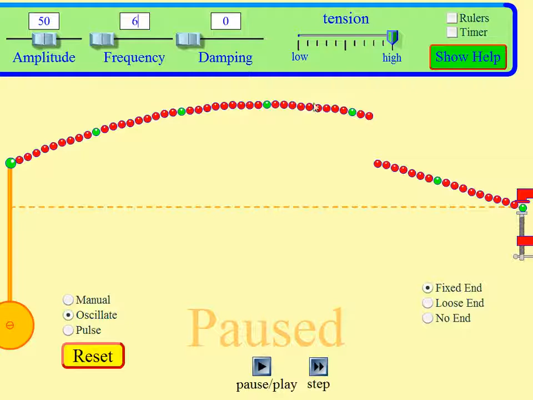What's happening is this wave is traveling to the right. As that wave travels to the right, it's going to get here, and it's going to get inverted by the fixed end. So it's going to start coming back inverted. Meanwhile, the generator, the oscillating source, is not quite on its way down.